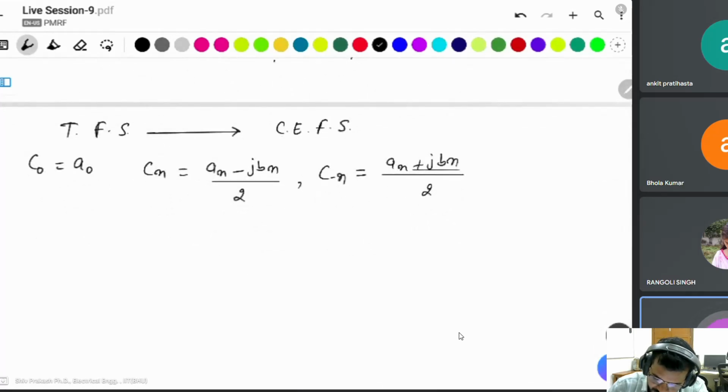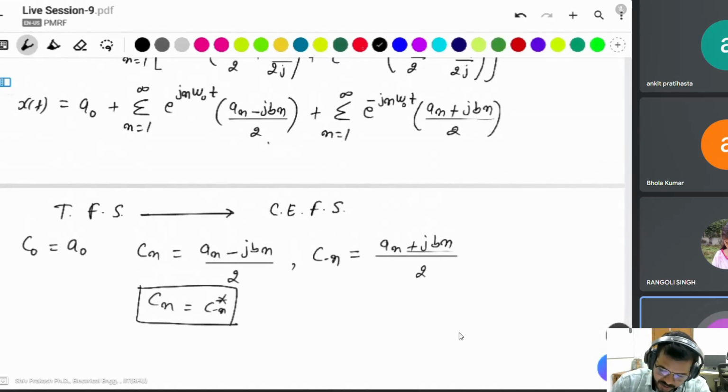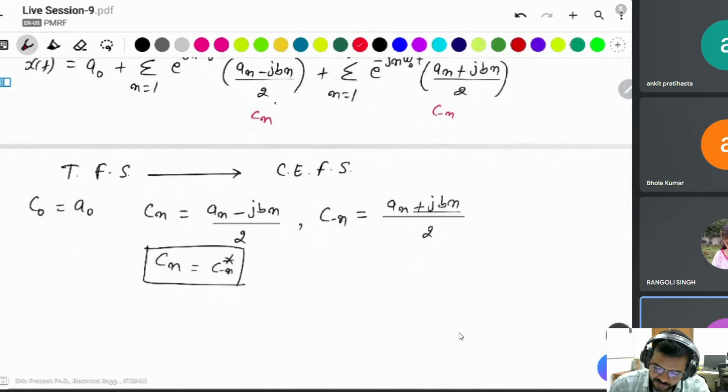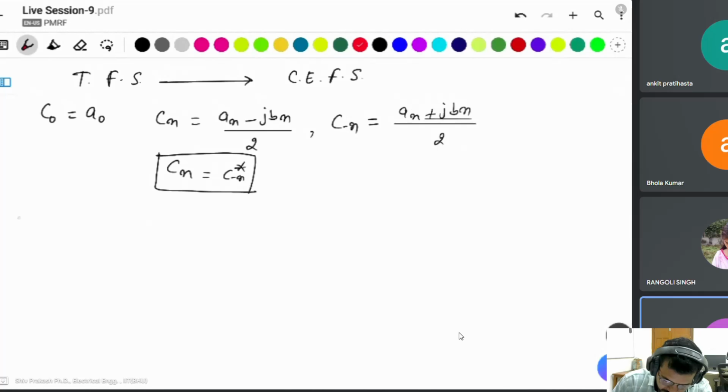Here you can see the only change is the complex part, minus j here and plus j there. So the complex coefficient c of minus n is the conjugate of cn. This will be represented as cn, and this as c of minus n.